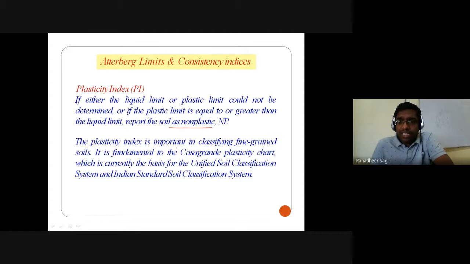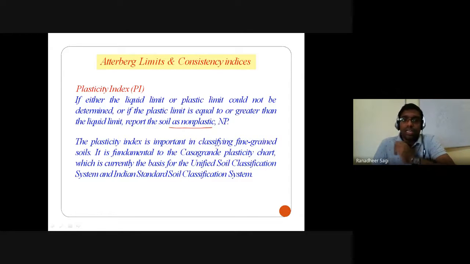The plasticity index is a very important parameter in classifying your fine-grained soils. So this plasticity index that we determine is going to play a major role in understanding how your fine-grained soil classification has to be done.